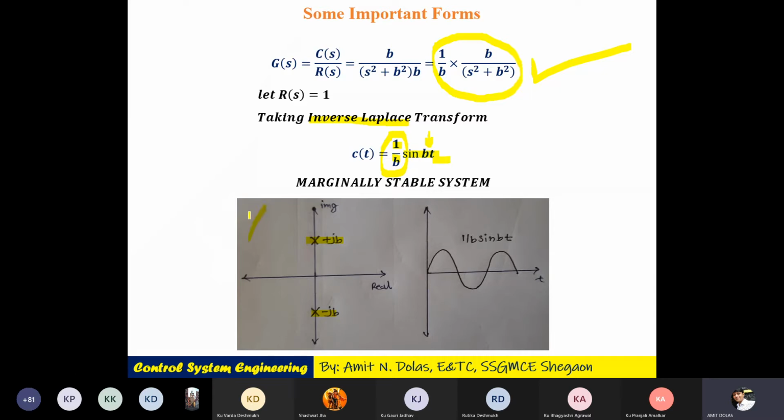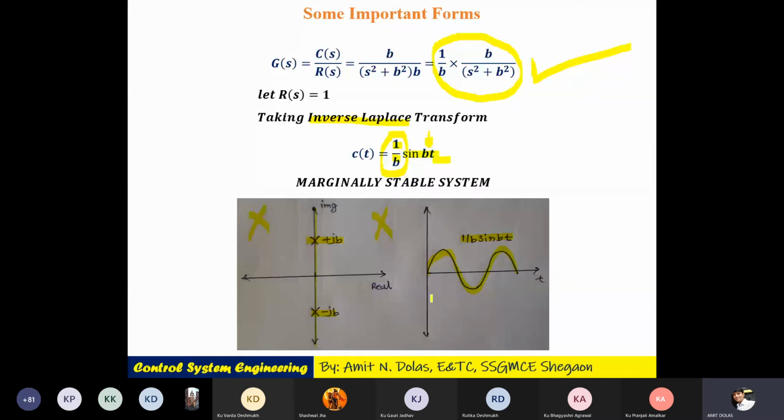It is neither in the left plane nor in the right plane. It is on the imaginary axis. Earlier we saw it at the origin, but now it is not on the origin. It is a complex pole on the imaginary axis at plus and minus jb, and its output will of course be a sinusoidal waveform like this, 1 by b sin bt.